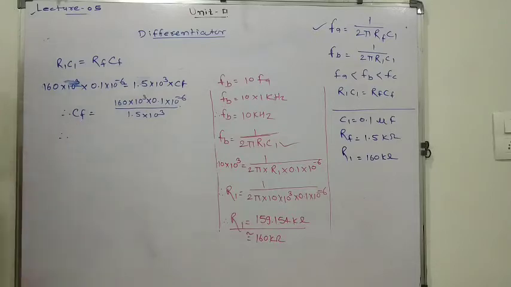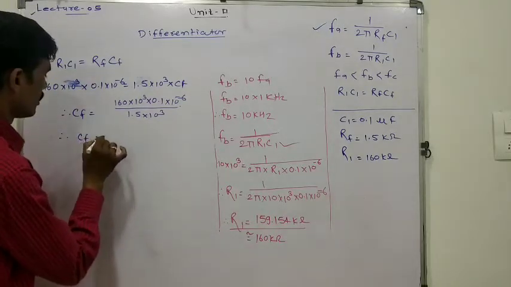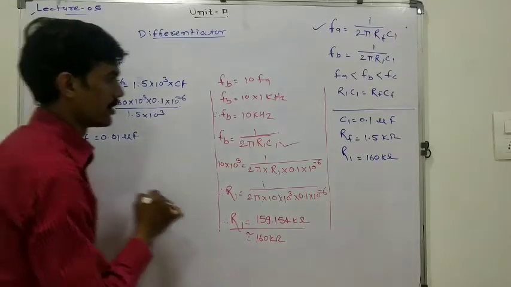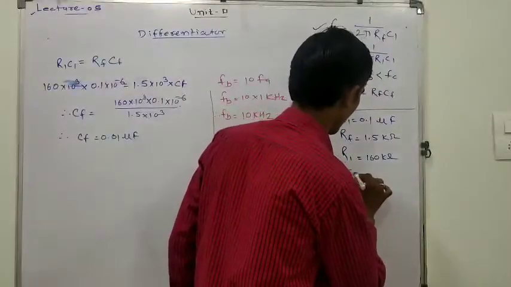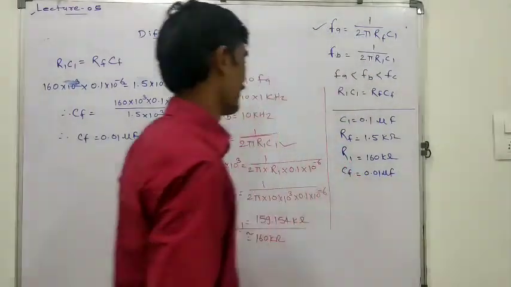So, after calculating this, we get the value of CF. CF is equal to 0.01 microfarad. So the next component is CF, 0.01 microfarad.